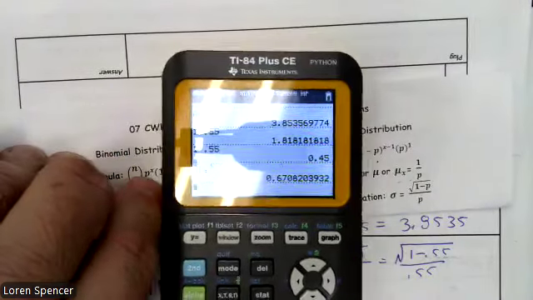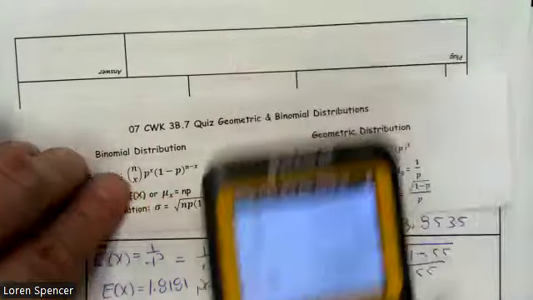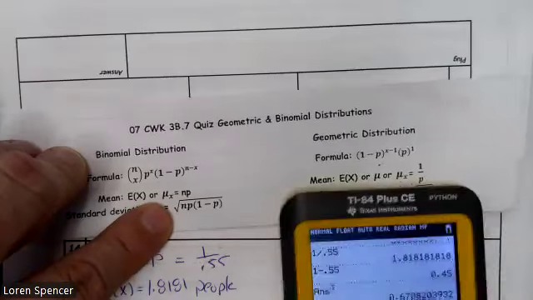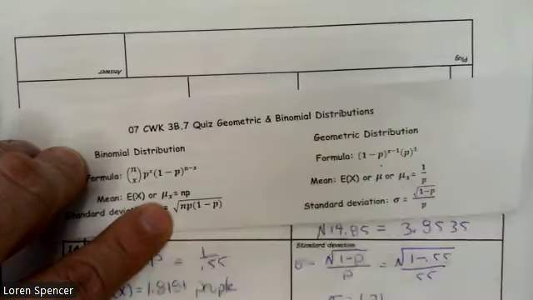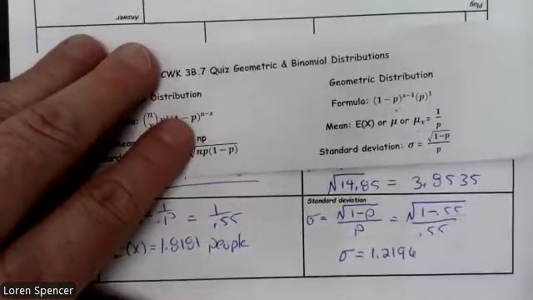Now I have to divide it by 0.55. And I end up getting the standard deviation is 1.2196.